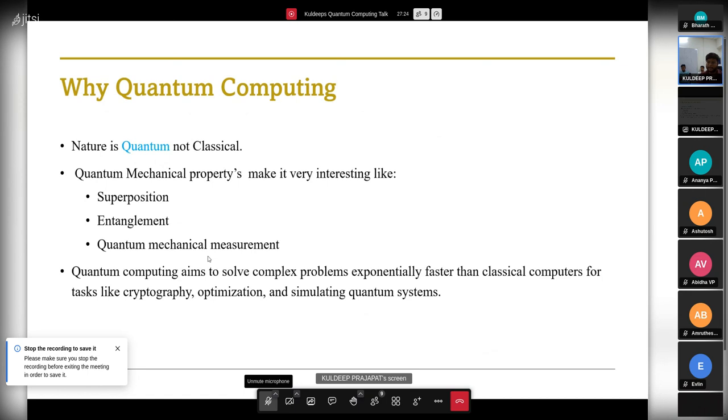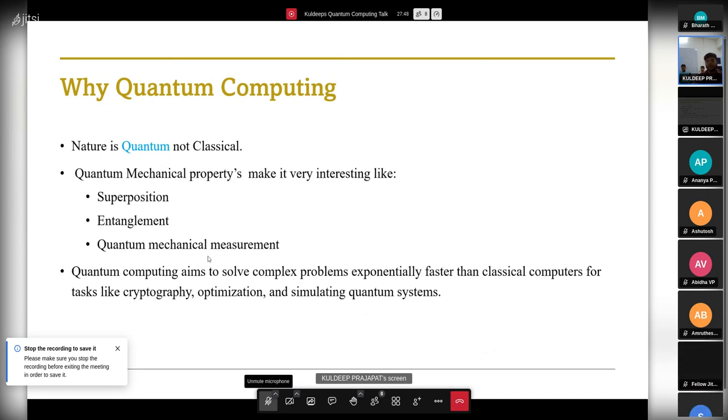But why quantum computing? Because whatever we see in the physical world is the average of the quantum nature of the physical world. Whatever we see in the classical world is the average of quantum behaviors. So nature is quantum, not classical.